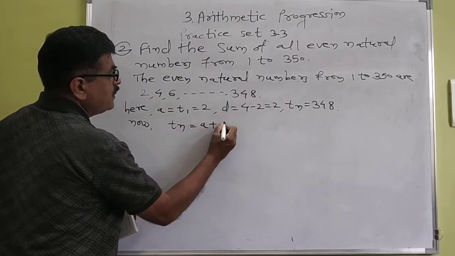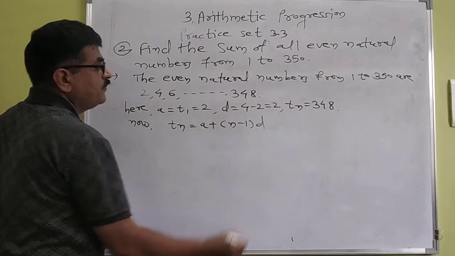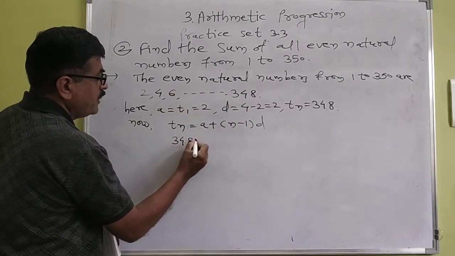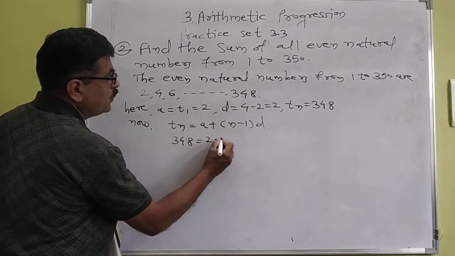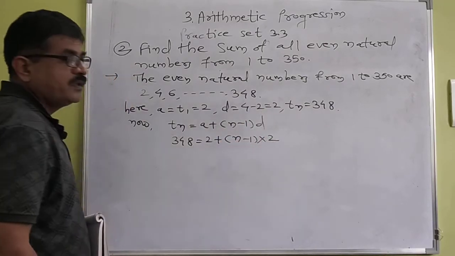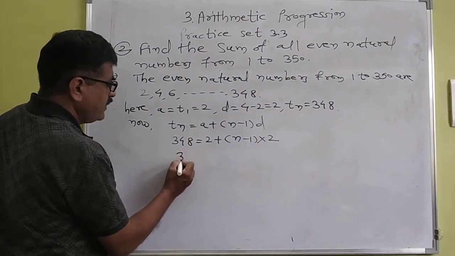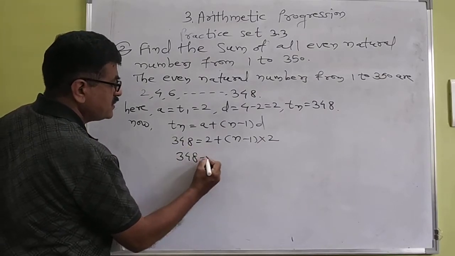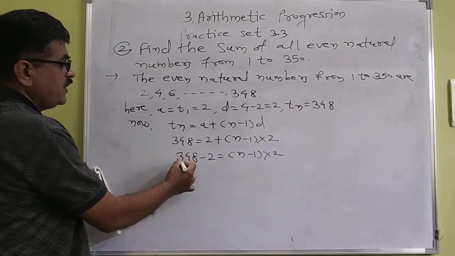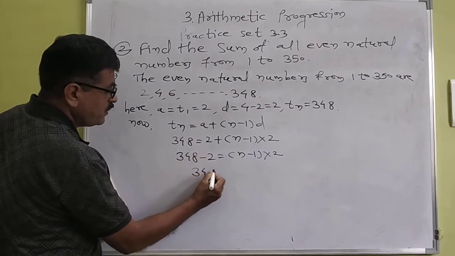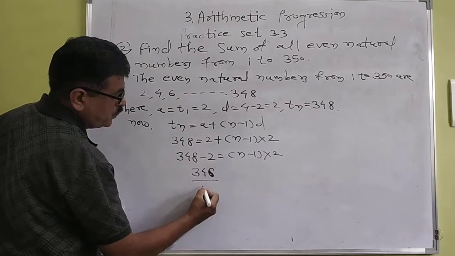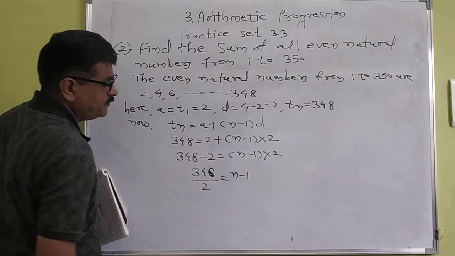Tn is equal to A plus n minus 1 into D. Now put values. Tn is 348, equal to A which is 2, plus n minus 1 into D which is 2. Now 348 minus 2 is equal to n minus 1 into 2. 348 minus 2 is 346. 346 divided by 2 is equal to n minus 1.